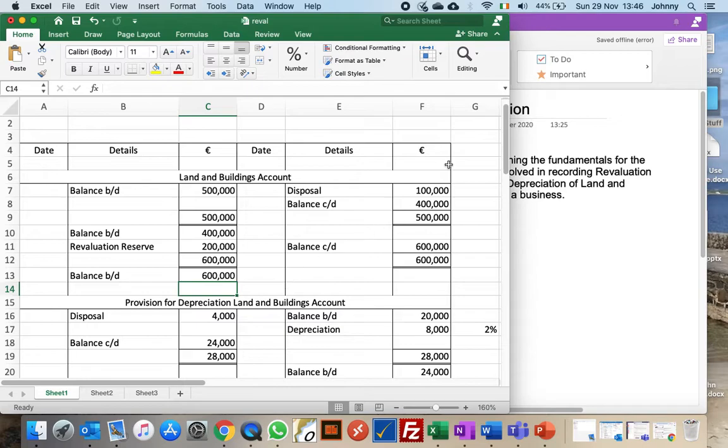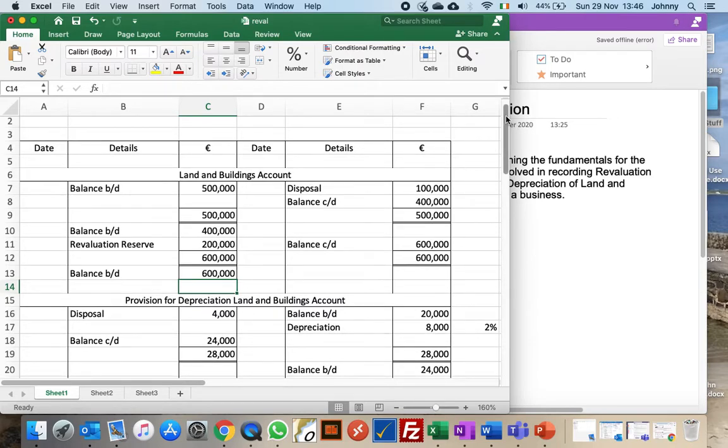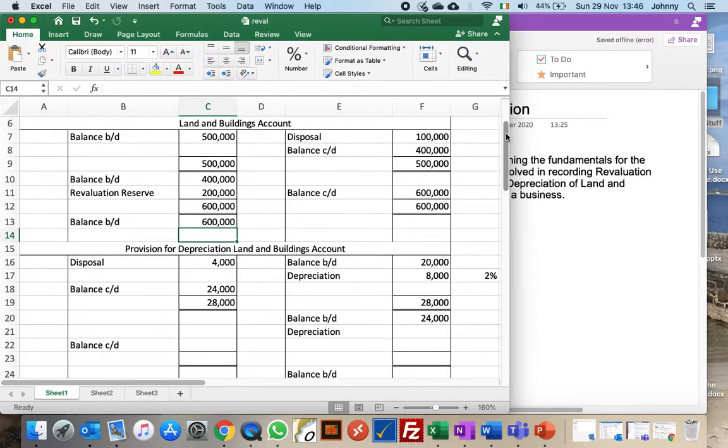Now, when we revalue something, we have to increase the value of land and buildings, but we also cancel all the depreciation on that item up to the date of the revaluation.